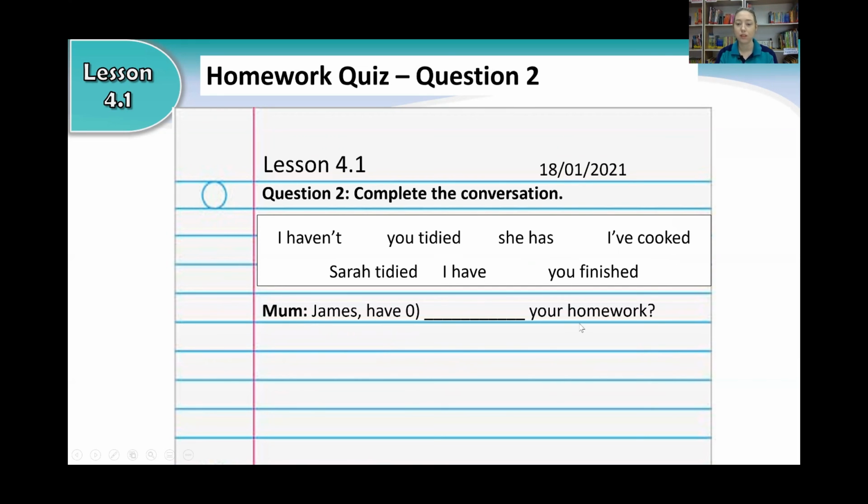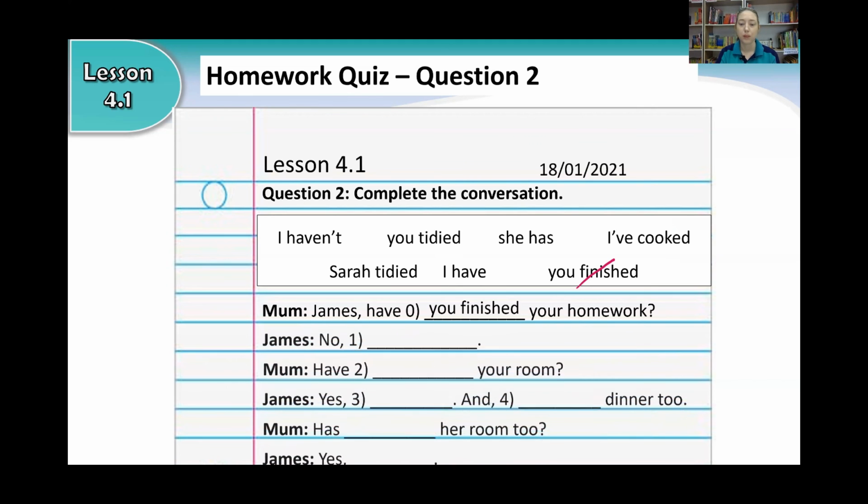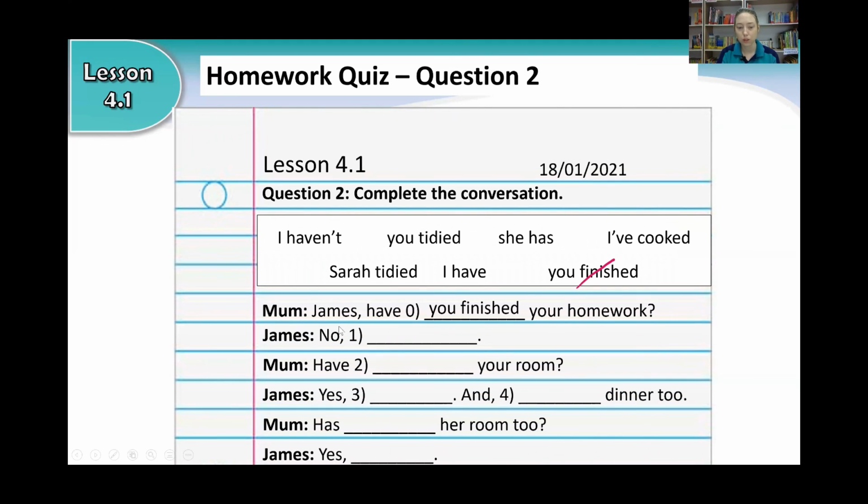No. What about, have you finished your homework? Yes. So we can write, have you finished your homework? Very good. So I want you to copy the conversation in your notebook and answer the questions with the words in the box. Okay?